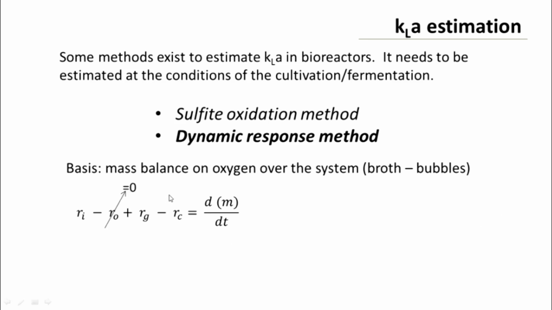Output rate was 0 because of our conveniently chosen system. The generation rate is 0, as there is no reaction generating oxygen. The input rate we just saw was KLa (CO2 star minus CO2) times V. If cells are present, the consumption rate can be given as QO2 times the cell concentration times the volume, which equals the accumulation rate.